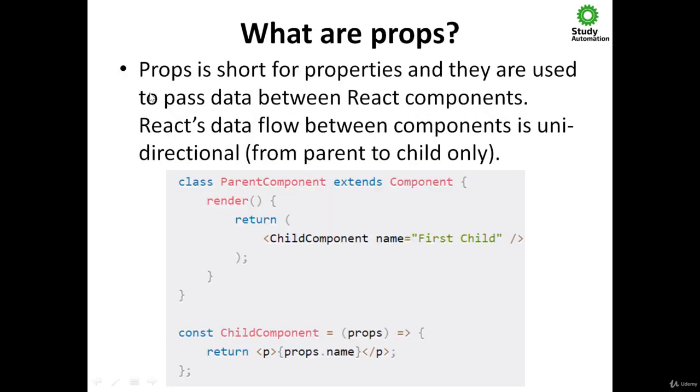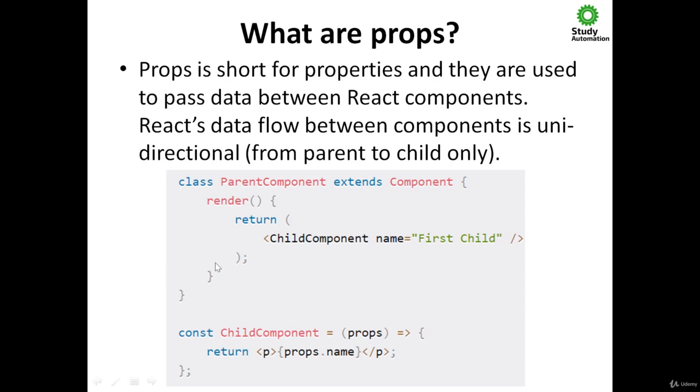Whenever we work with React.js, there are two major things that we need to understand. One is props and another one is state. Props is short for properties and they are used to pass data between React components. React's data flow between components is unidirectional, from parent to child only. That communication between parent and child happens using props.